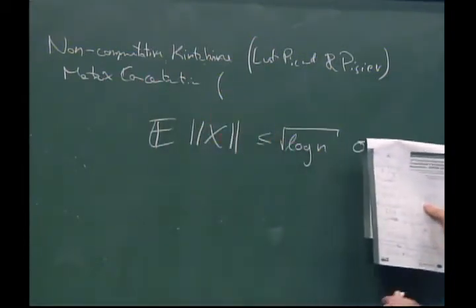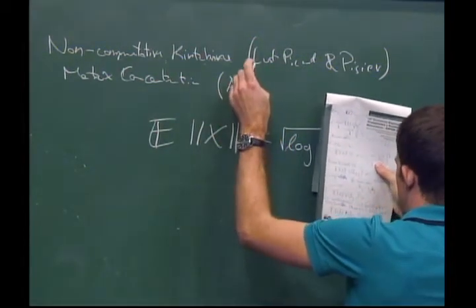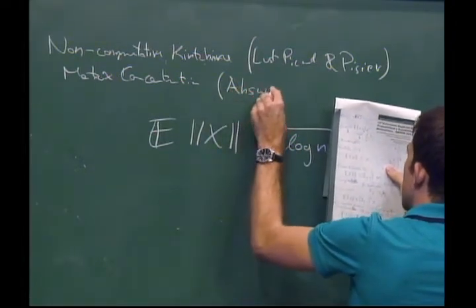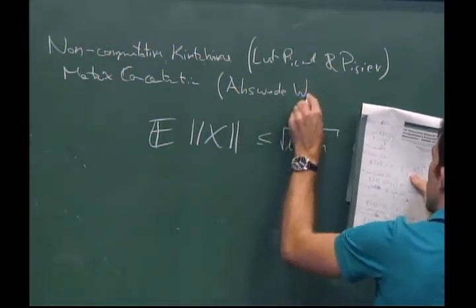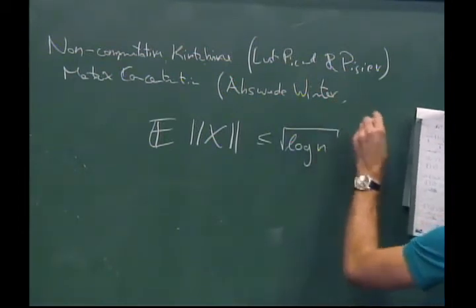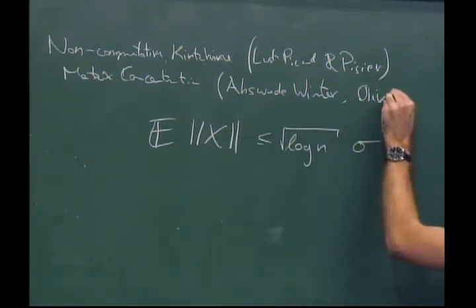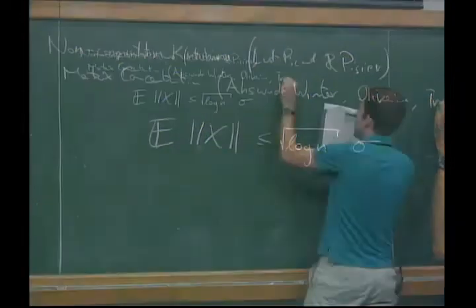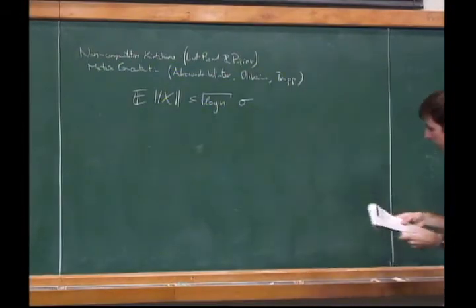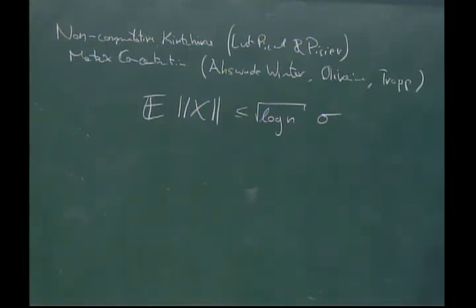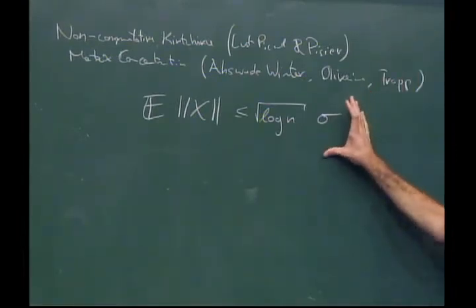A few people have done work on this. It started with Ahlswede and Winter, and then two people in the room contributed a lot to it, Oliveira and Tropp. After these later results, essentially in the end you get something like that.